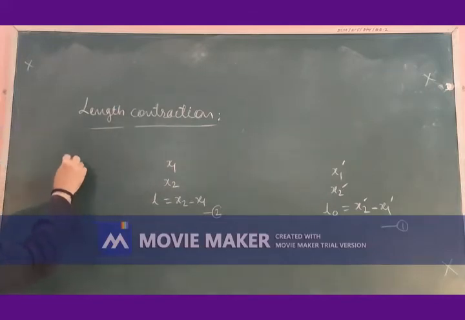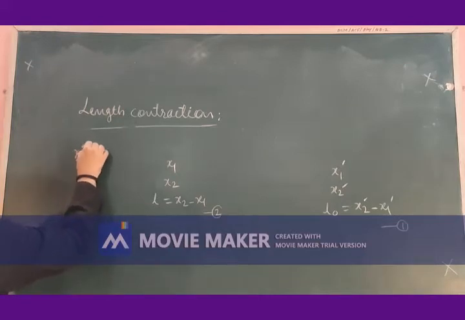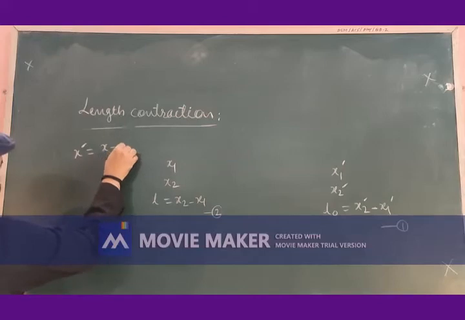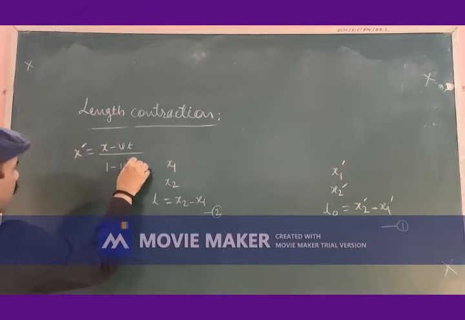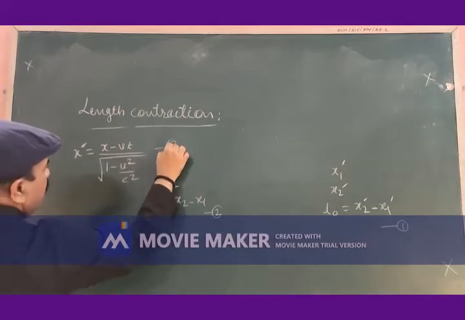let me write the Lorentz transformation equations for x coordinates. In general, x prime is equal to x minus vt divided by the square root of 1 minus v square by c square, equation number 3.